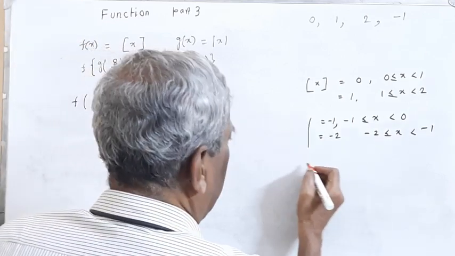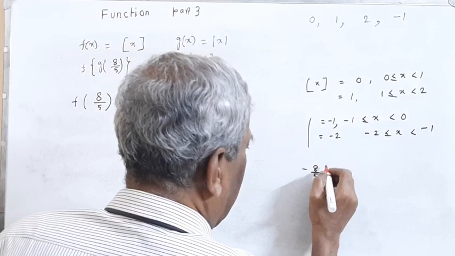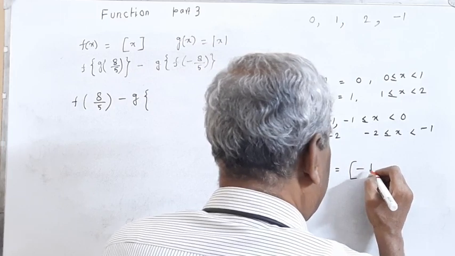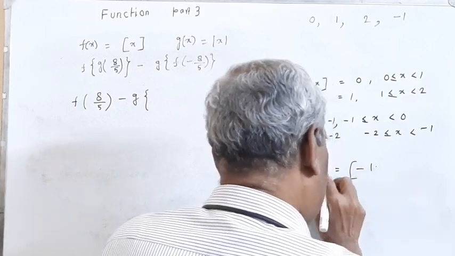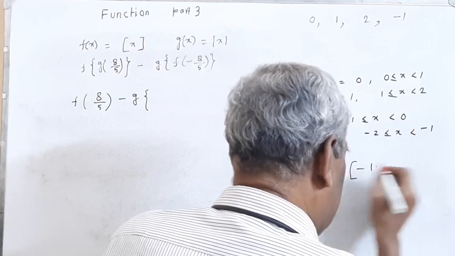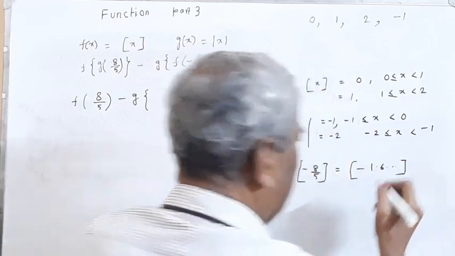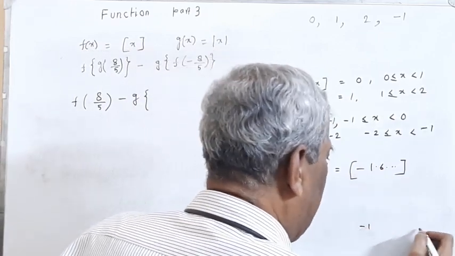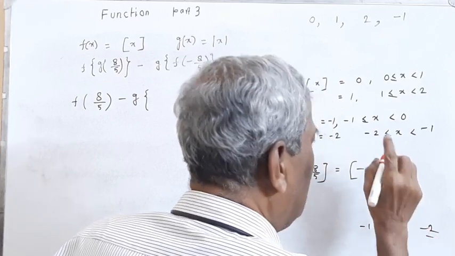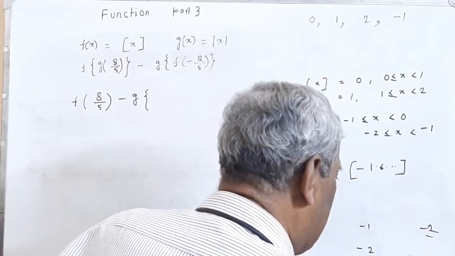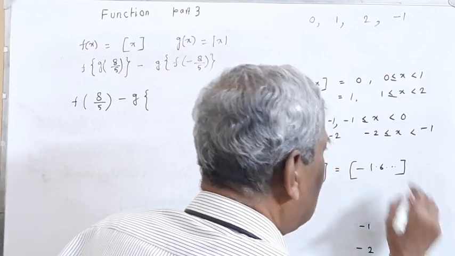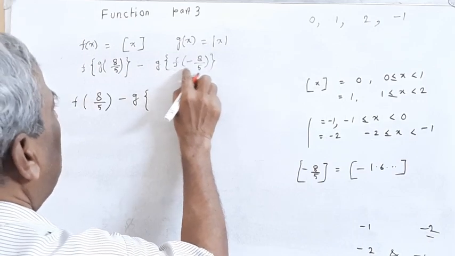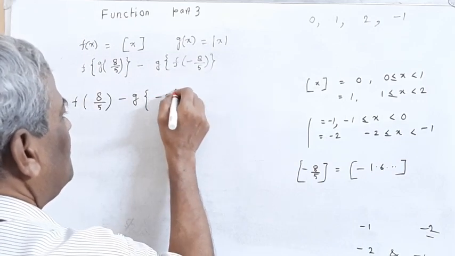It is equal to the box of minus 8 by 5, that is minus 1 point something, 1.6, something like that. So it lies between minus 1 and minus 2. So its value will be minus 2. So g of f of minus 8 by 5 is g of minus 2.